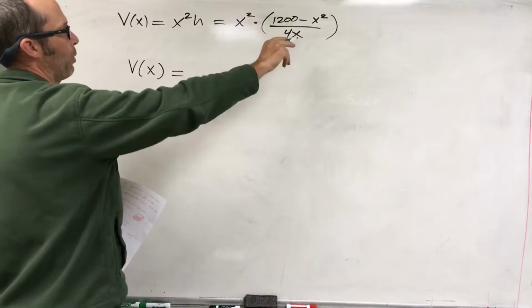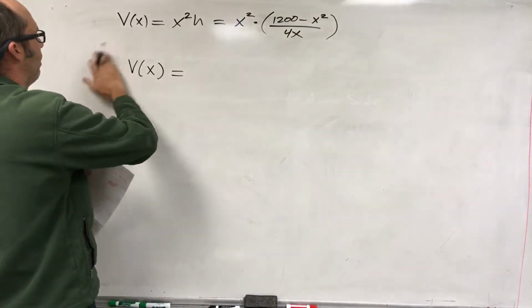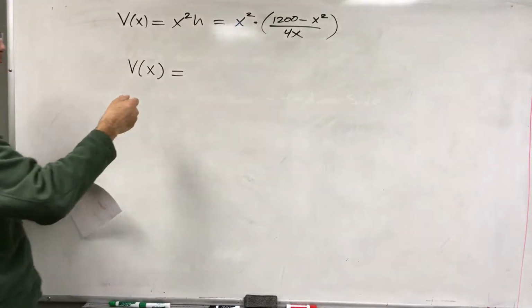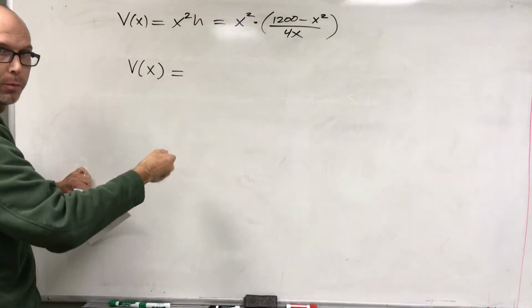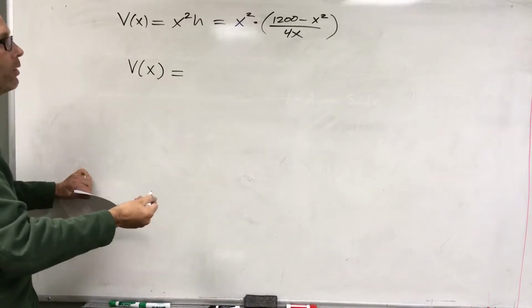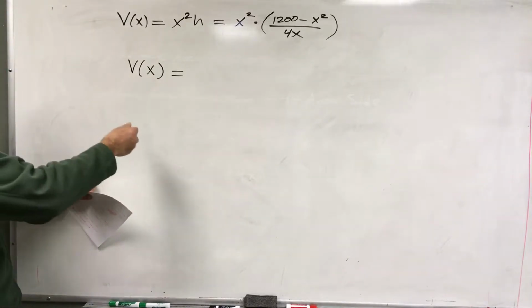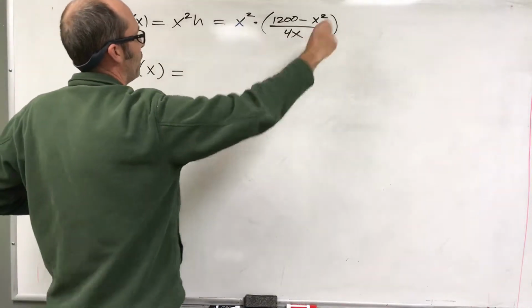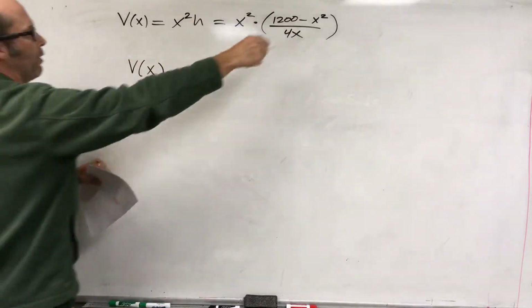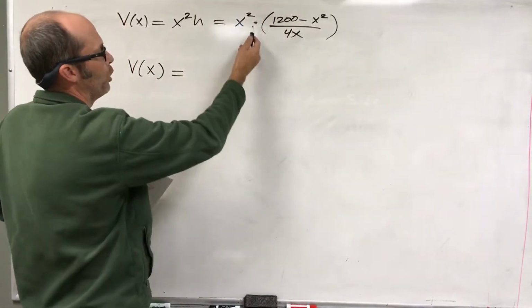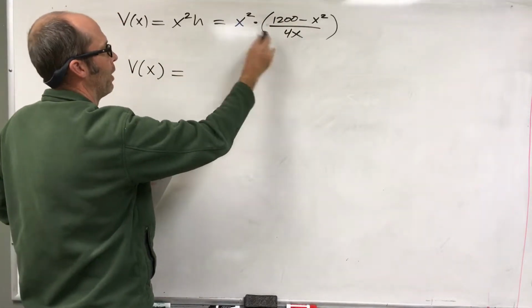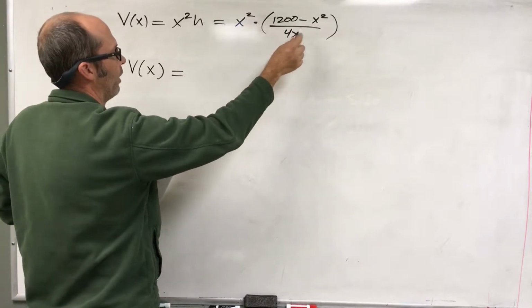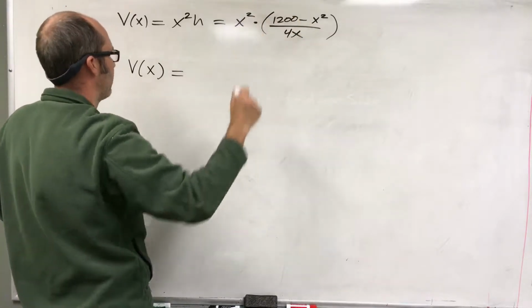Remember, to find the critical points, the potential maxes or mins, we need to take the derivative and set it to 0. Taking the derivative of this function, we could use the product rule, but it would be a mess, with a product rule with a quotient and all kinds of stuff.